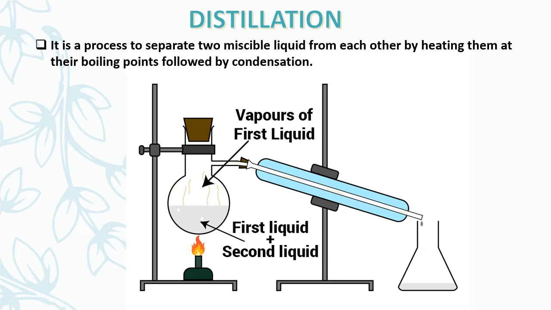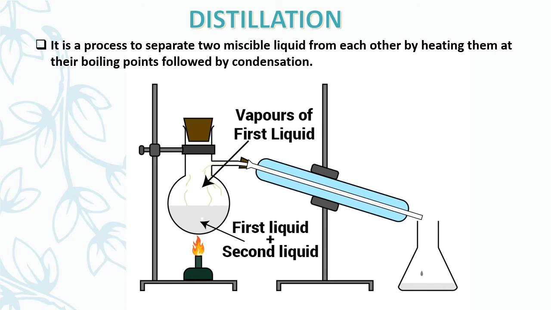You can see this condensing pipe is the vapor, and in the outermost wall we are going to pass water through it. Hence the condenser becomes a water condenser, which helps the vapor of the liquid to get condensed. So vapor is converted into liquid. In this manner, you can separate two miscible liquids by the distillation process.